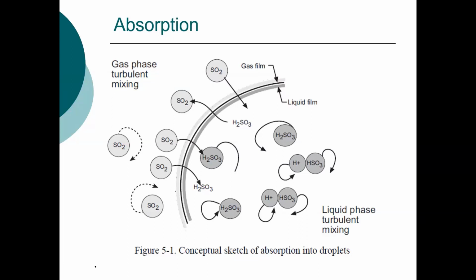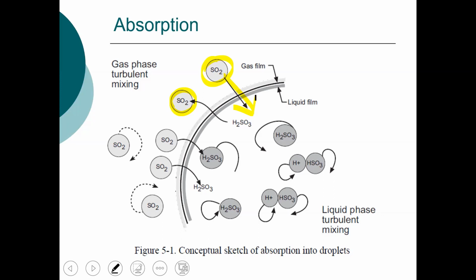So again, remember that everything with absorption, we're looking at transferring a chemical. So in this case, it's shown as SO2. So for instance, combustion gas has SO2 in it. We may want to remove that. In fact, we often want to remove that from the gas stream before we discharge it to the atmosphere.